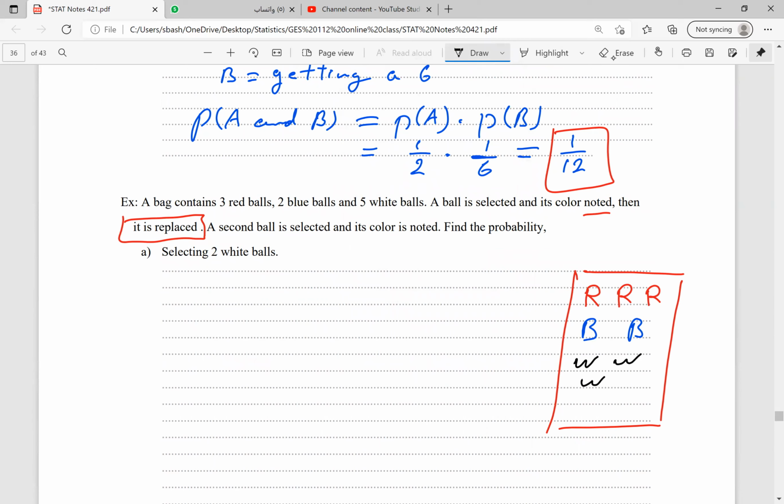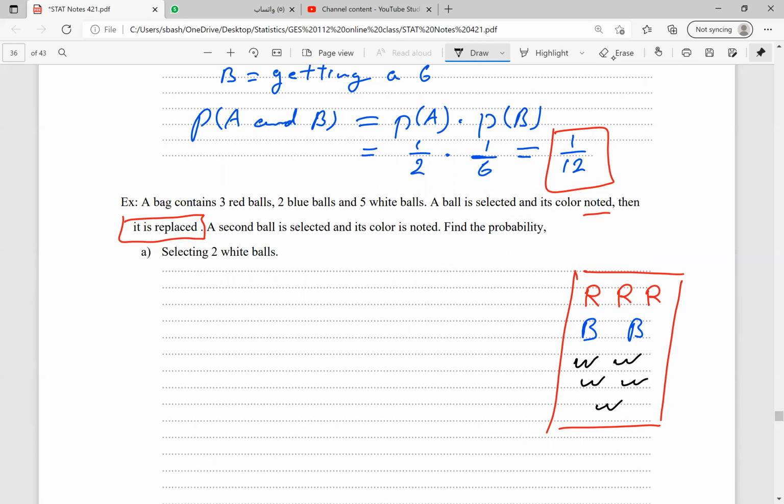So the total is 10 balls in this bag. We need to find the probability of selecting 2 white balls.